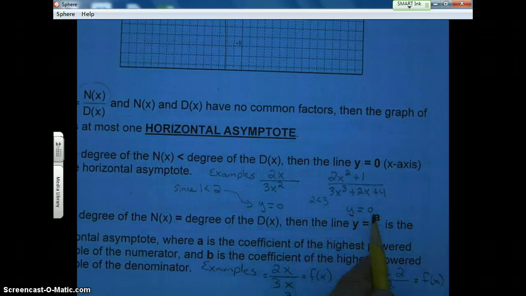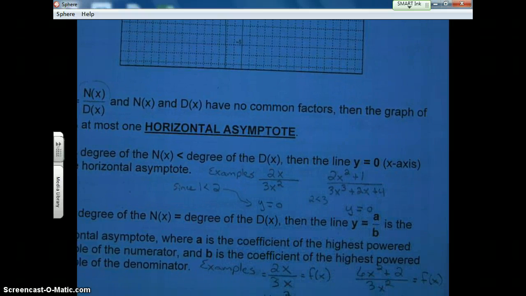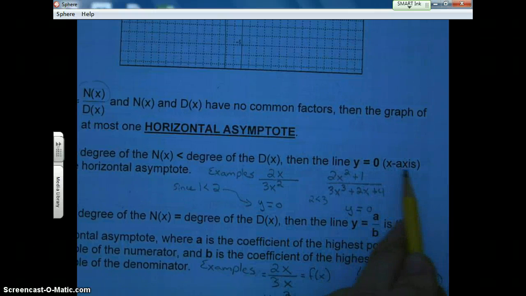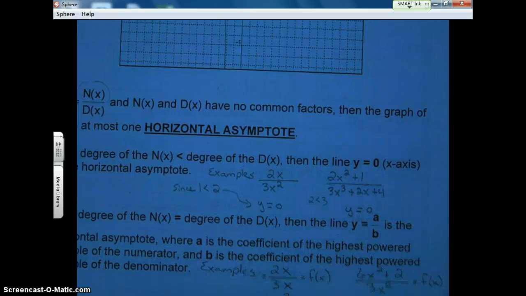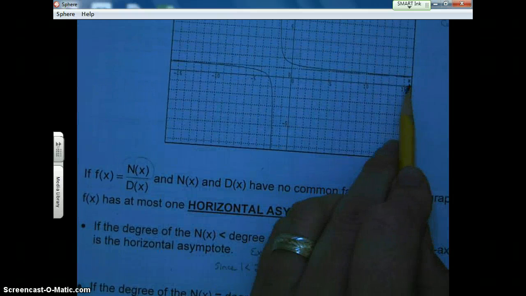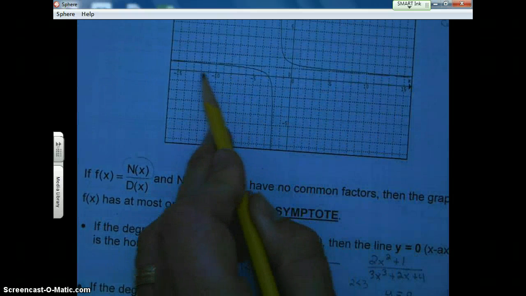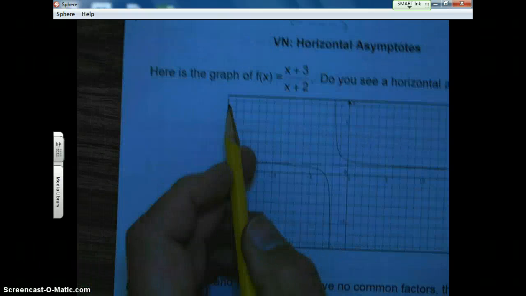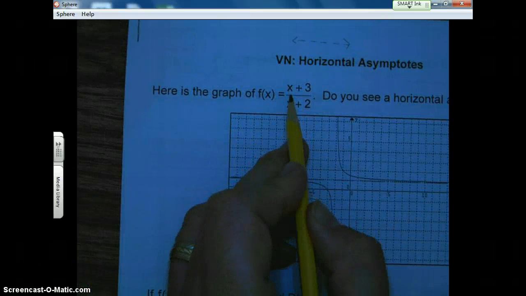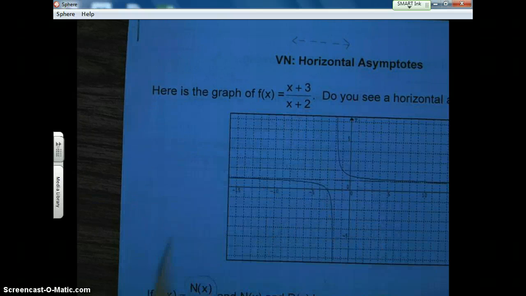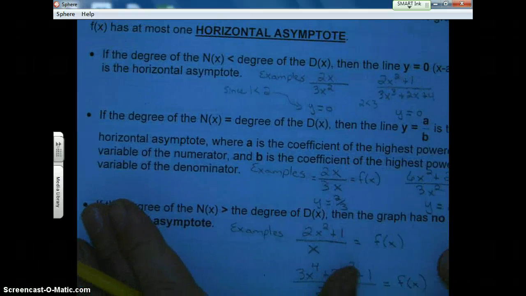So the horizontal asymptote is y equals 0, which is right on the x-axis, right here. Notice on this one the degree is 1 and the degree is 1, so this is not the case here.